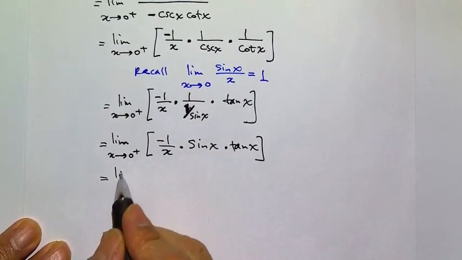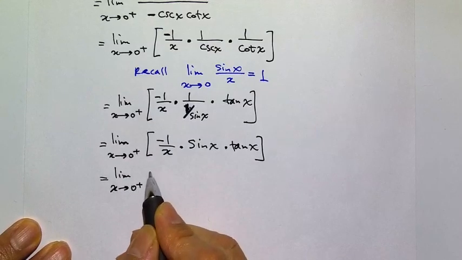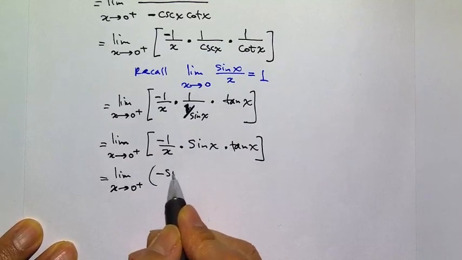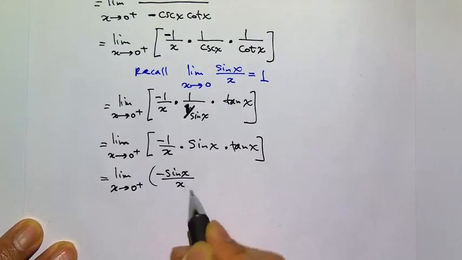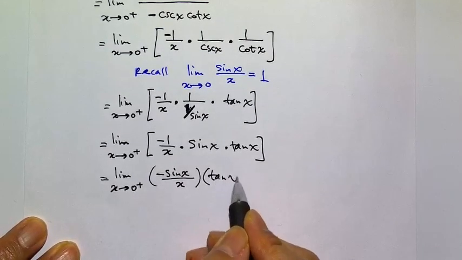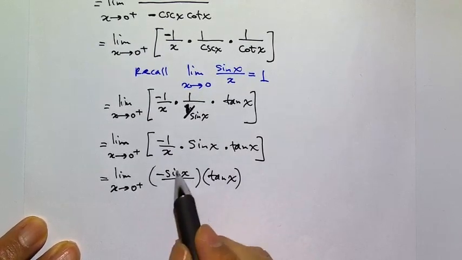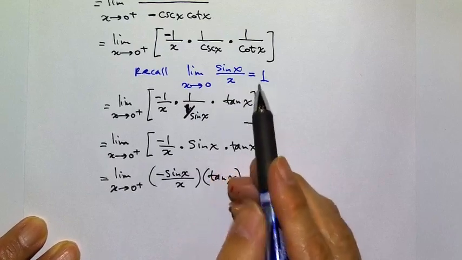And so the limit as x goes to 0 from the right of minus sine of x over x times tangent of x. Okay, so this will be minus 1 because of that.